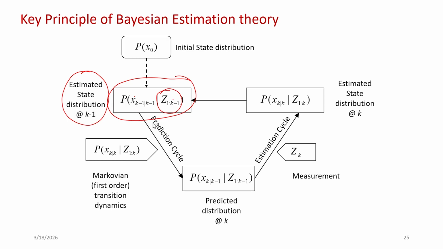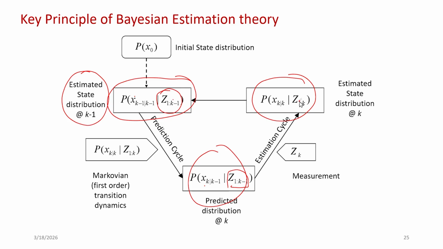Now you go through a prediction. How will you do prediction? Through your Markovian model, or your state model simply. Forget the word Markov, you will use the simple state model. With this you go to your predicted distribution, so now you go from k minus 1 to k. Your measurements are still up to k minus 1. Then the measurement at that time instant comes and is injected here, and you get your estimated distribution, the probability of x at time t equal to k given z 1 to k.